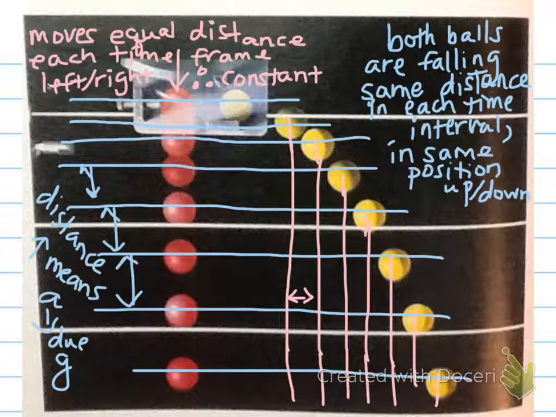But in the horizontal, that distance is staying the same, so there's no acceleration. The distance that ball is moving is the same each time interval. It's constant, not changing. So those are the kinds of notes that I'd like you to have written about this image.